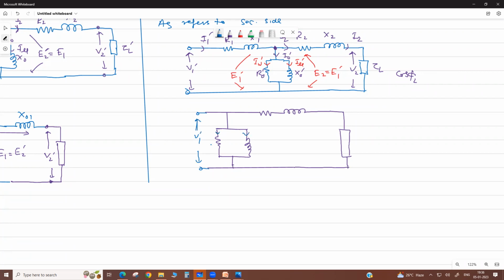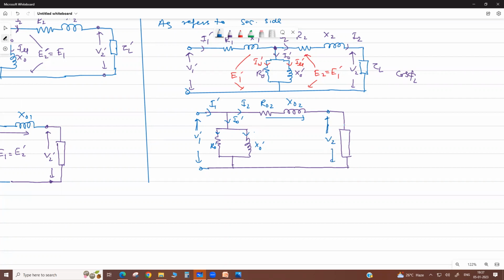This we already wrote, R0', X0'. This is I0'. Now here it is I1', here it is I2. Now it is total resistance and total impedance as referred to the secondary side. Now there is a drop, then this is your V2.